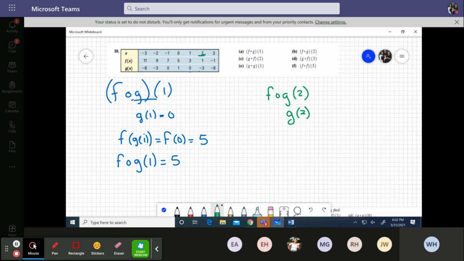When x is 2, g of x is -3, right? So g of 2 is equal to -3. Now I go to the outside, and I need f of -3. So back to where x is -3, then f of x is 11. Yes, get the inside, plug it into the outside.